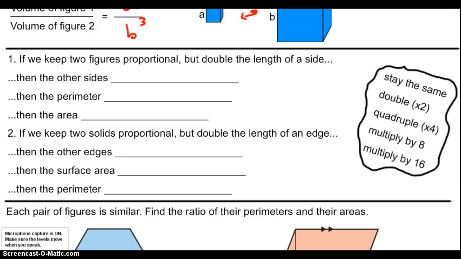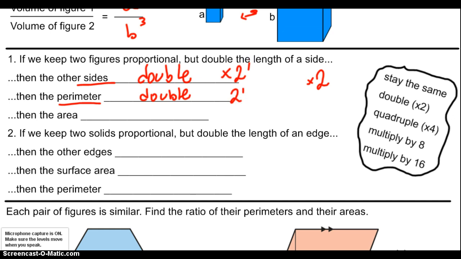Take a look at questions 1 and 2 above. They're more conceptual questions. If we keep two figures proportional, but double the length of the side, so it seems like we're taking a shape and doubling the length of the side, multiplying it by 2, then all the other sides will also double. And the perimeter will also double. The reason is because anything to do with length, other sides, perimeter, anything to do with length will multiply by 2 to the first.